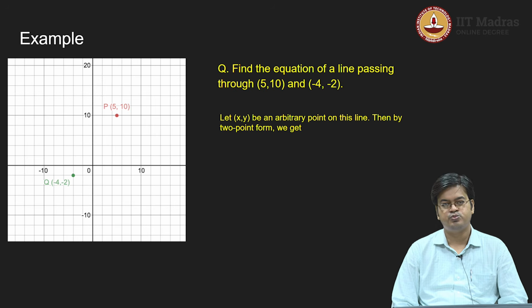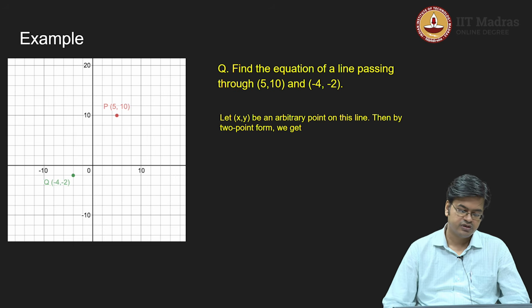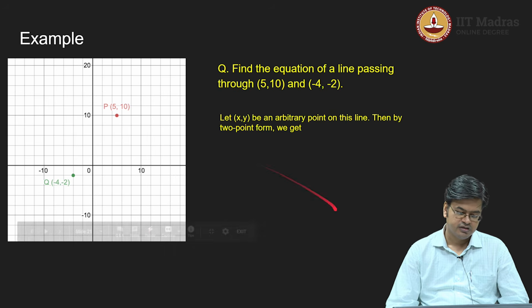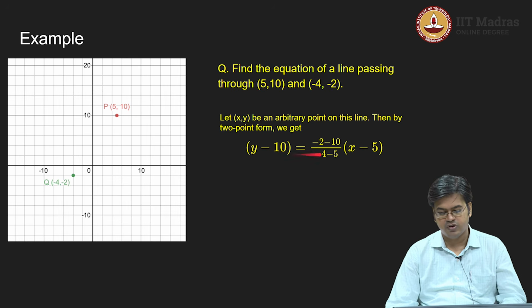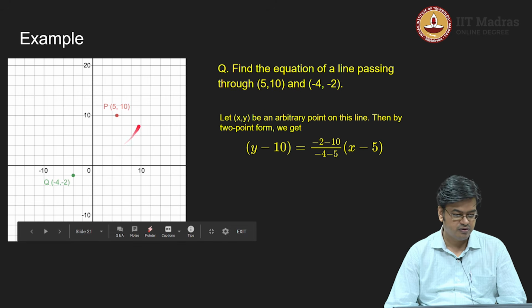I will use the 2-point form. So, using 2-point form, what should I get? Change in y, so y minus 10 upon, so I have taken this point P. So, y minus 10 upon x minus 5 is equal to, just see this is change in y, that is -2 minus 10 upon -4 minus 5.